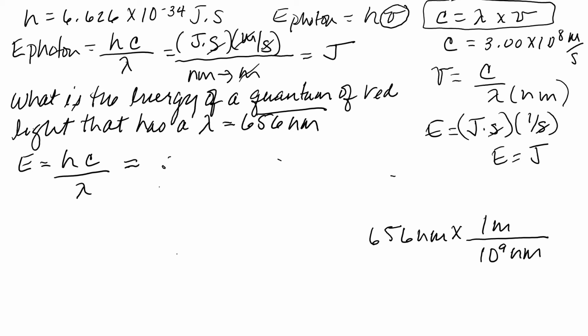So our lambda in meters equals 6.56 times 10 to the negative 7 meters.